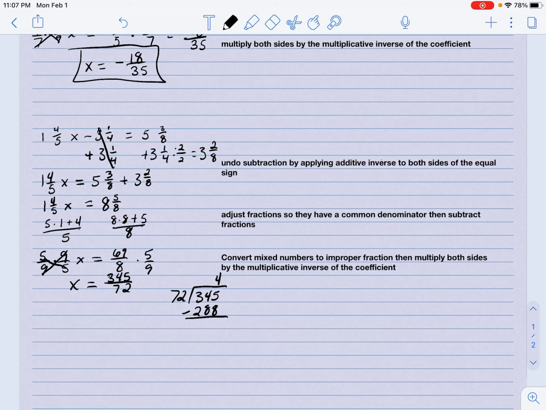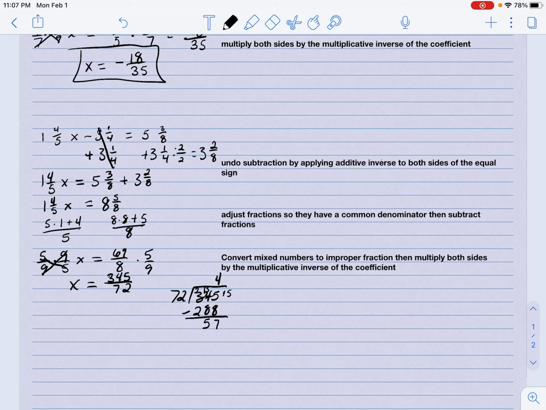So when we subtract, we're left with 57. Once again, you can't subtract 8 from 4, so you have to borrow. This becomes a 3. This becomes a 15. 15 minus 8 is 7. Can't take 8 from 3, so this becomes 13. So 13 minus 8 is going to be 5.